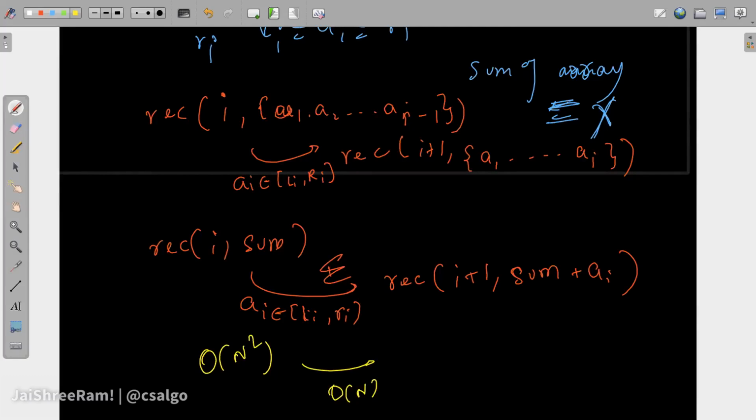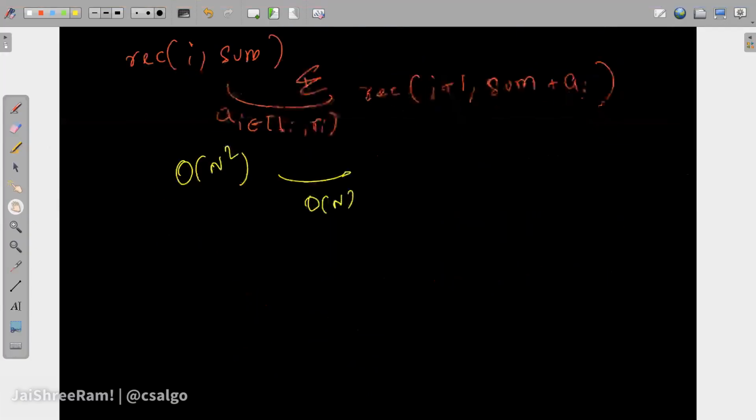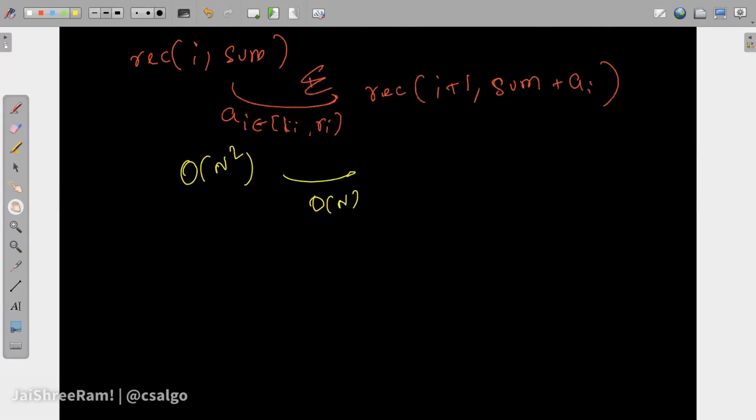Okay. So let's try to write this recurrence in iterative format and see if we can see something happening in that place. We are using this recurrence only, we are just writing it in an iterative fashion.